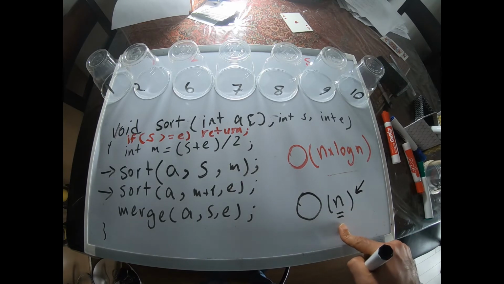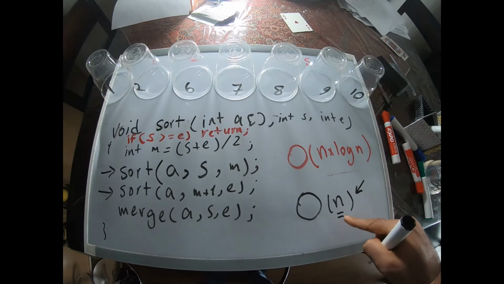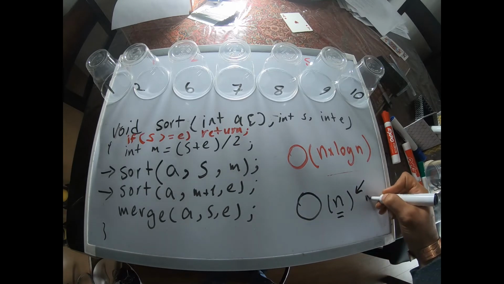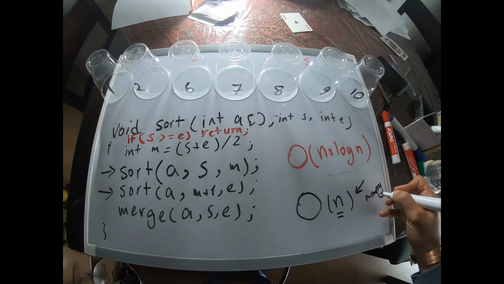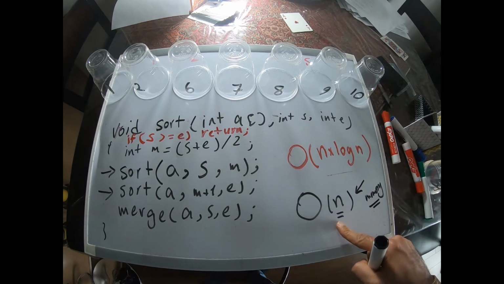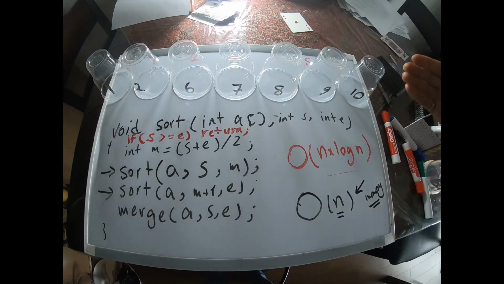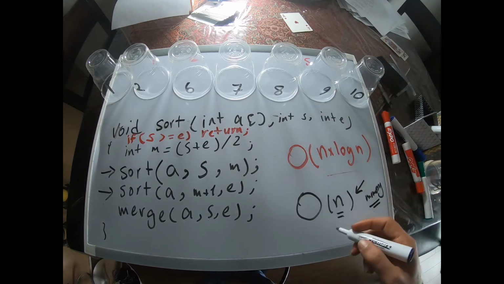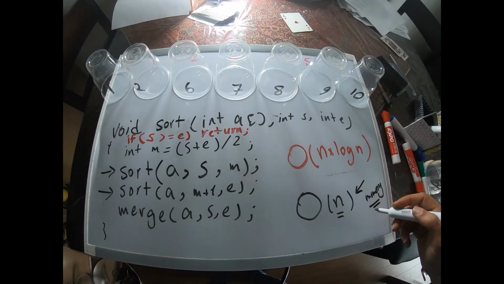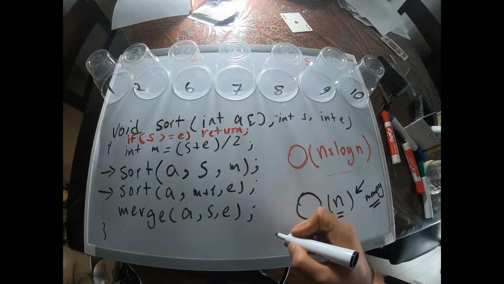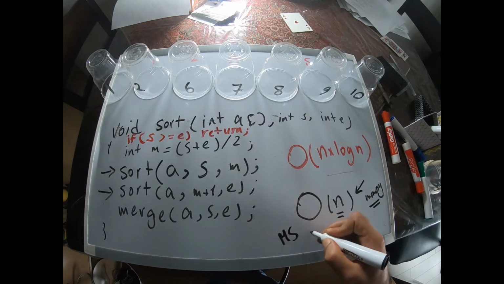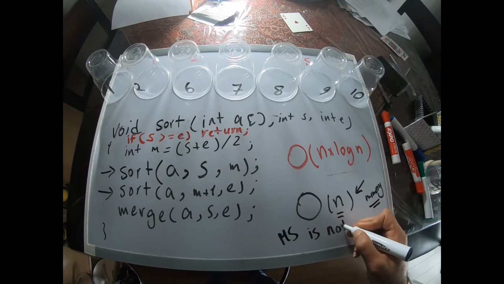Most of the time, it's smaller than n. But the order of extra memory that we need is order of n, right? And because of copying into that temporary array and copying back into the array, we're going to lose some time as well. We say that merge sort is not in place.